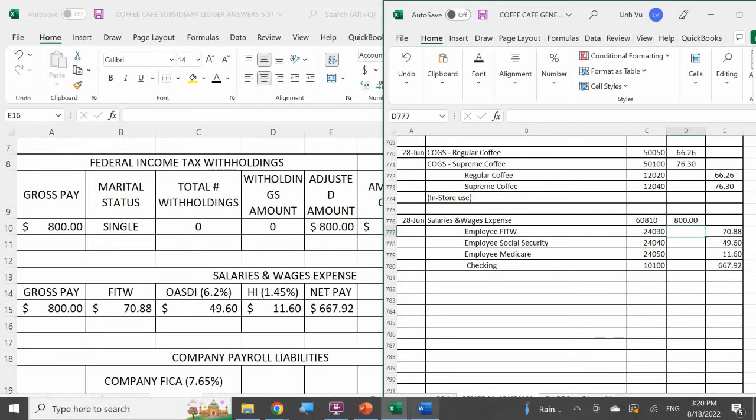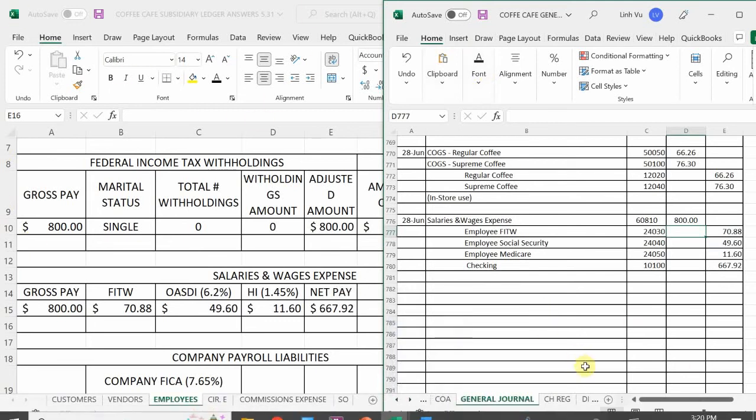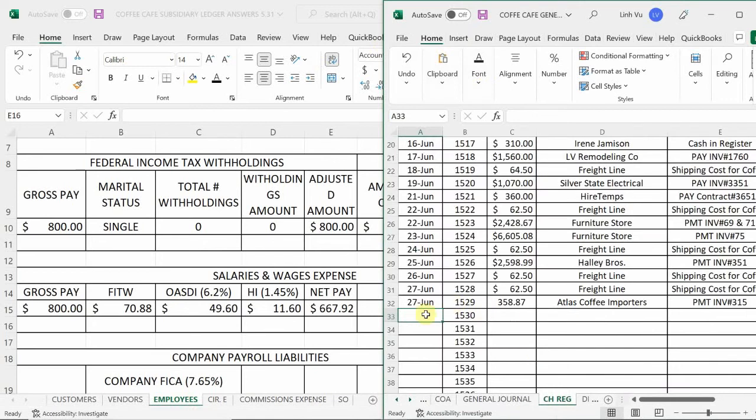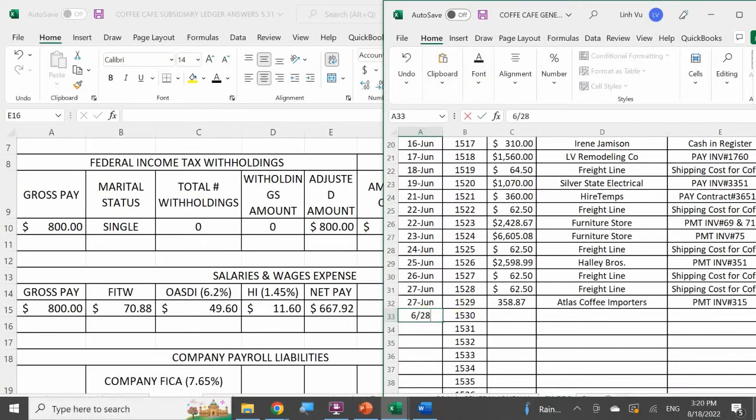Okay. Now, what's the next thing we've got to do? We need to cut the check for Irene. So today's the 28th. She gets check 1530 for 667.92, to Irene Jameson.